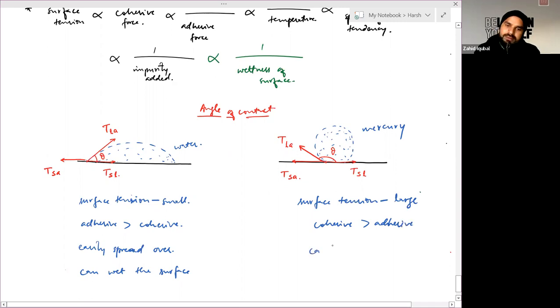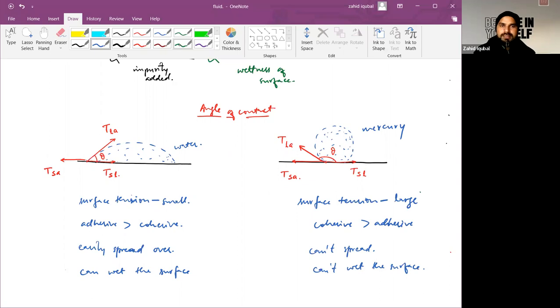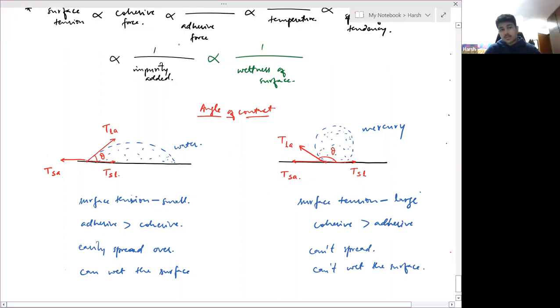So it can't spread out, and similarly, it can't wet the surface. So the wetness of a particular surface will depend upon its surface tension or force. Is it clear? Yes, sir. Okay, just write it down.